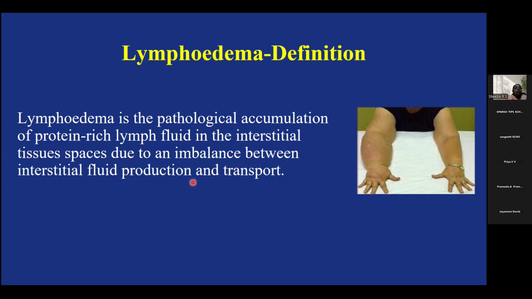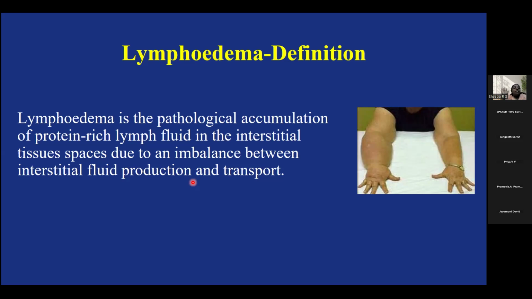We are trying to save the patients from spreading the disease from one part to another, because through the lymphatic system the disease will be spreading all over the body. So usually when we remove the breast, we will try to remove the adjacent lymph nodes also. If you remove the adjacent lymph nodes, what happens?